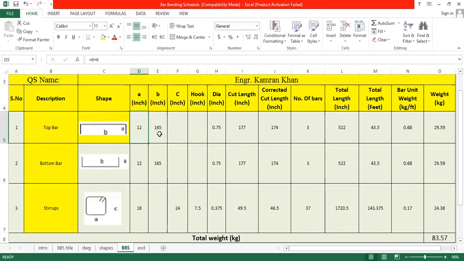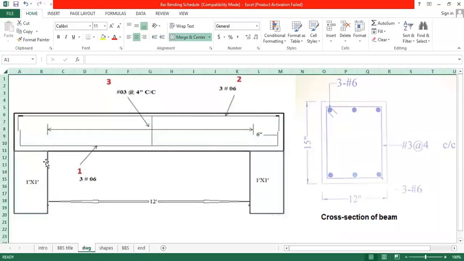Now B is 165 inches. How? Because the length of the beam is 12 feet, but over here there is a 1 feet column on this side and a 1 feet column on that side. So if we convert this data into inches, this 12 feet will become 144 inches and this 1 feet will become 12 inches.